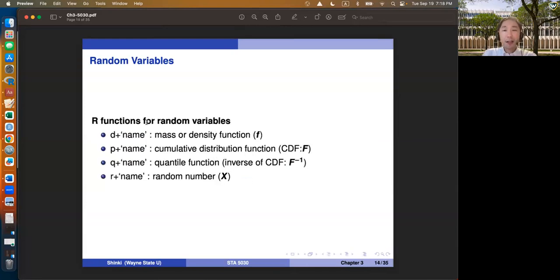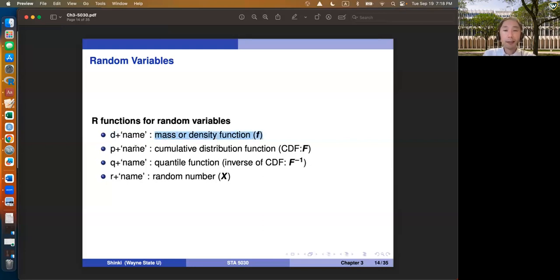And in R, we have 4 different functions. D plus name, for example dnorm, is the density function for the normal distribution.